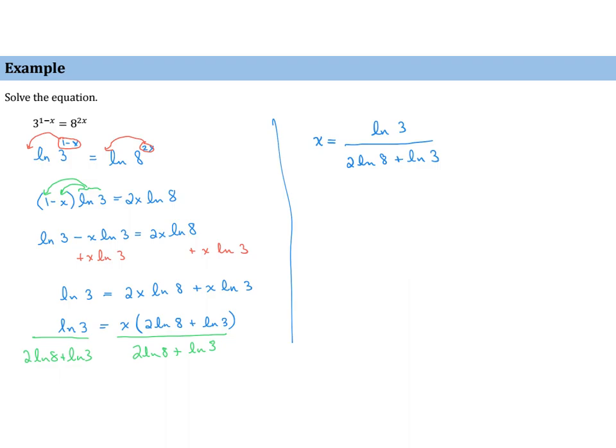Now, if you want to approximate that, which we're not told to do, you would need to put parentheses around that entire denominator again, just to be sure. If you were to approximate this in your calculator, you should get about 0.20896.